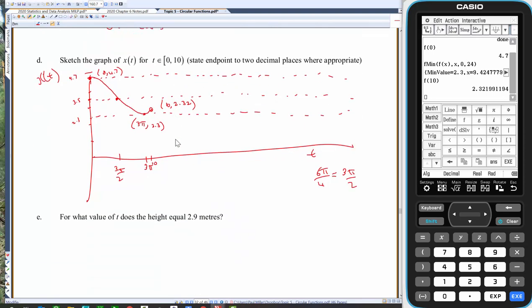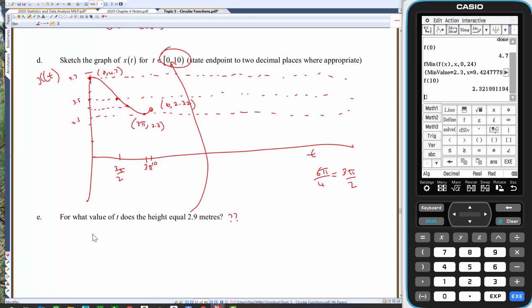For what value of t does the height equal 2.9? So here is 3, so we're there. Now, I don't know whether this one here refers to this information here, which is between 0 to 10, or it refers to when does it actually happen indefinitely, okay?